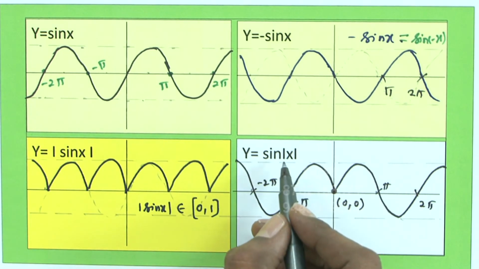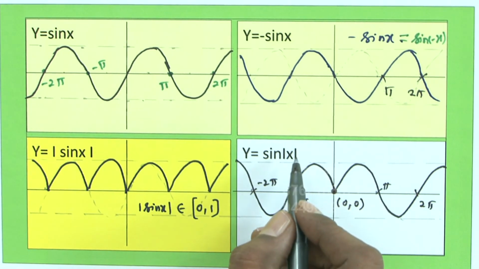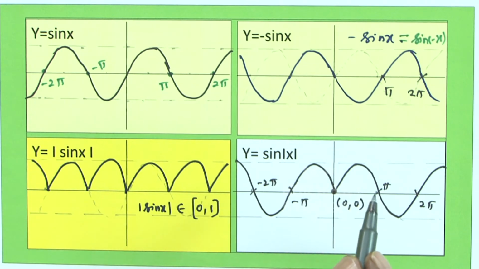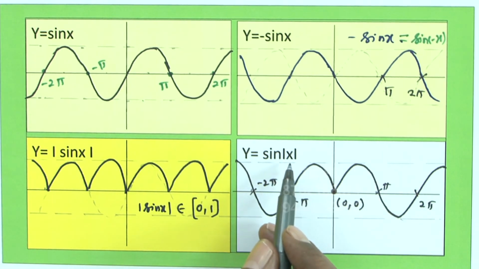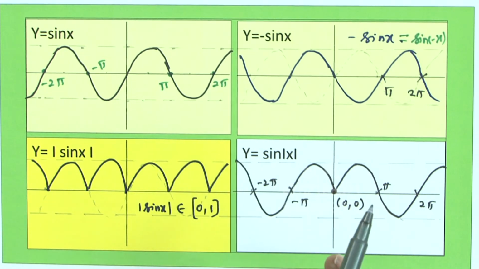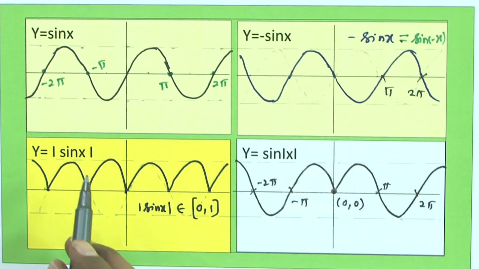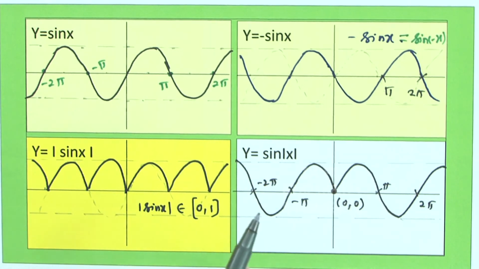Remember, sin mod x, domain and range are just like sin x, right? The domain of sin mod x is once again x belongs to the set of real numbers, and the range is minus 1 to plus 1. But in the case of mod sin x, the domain is once again the same, whereas the range lies between 0 and 1.